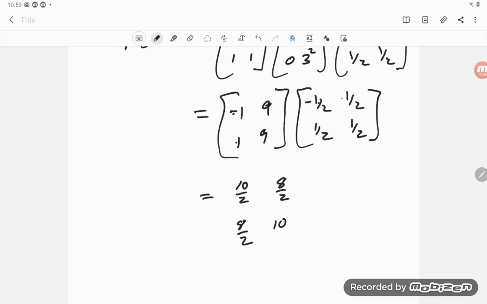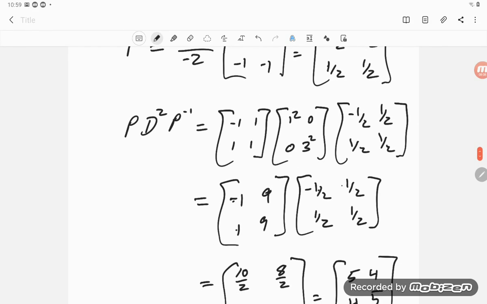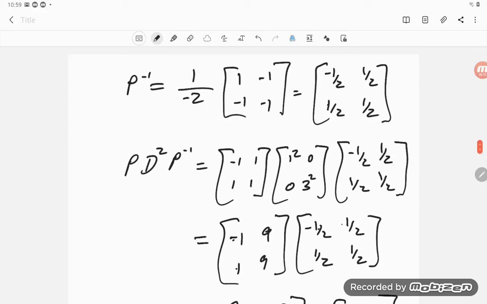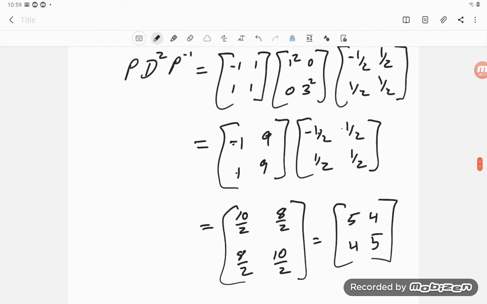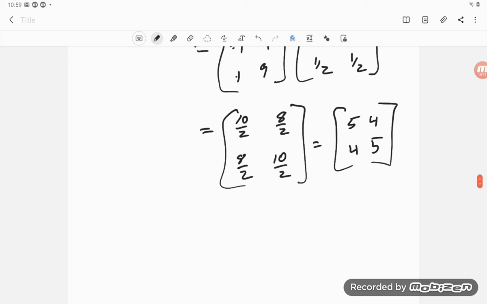And 10 halves. And so that is indeed our 5, 4, 4, 5. Okay, and we could do it for larger powers of A and D, but I think that gets that idea across. Okay, and so that's one application.